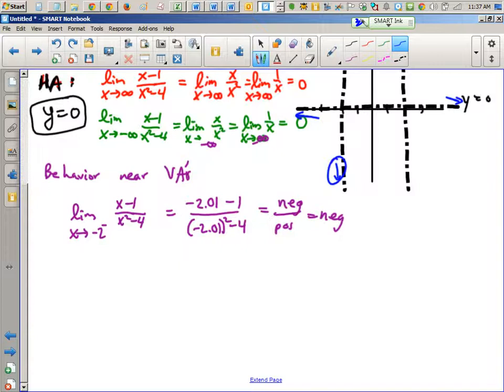Let's go to the other side of that same asymptote. So we're still at x is near negative 2, but now we're on the right side of it. So we put a little plus superscript, and we play the same game. This time I need a number slightly greater than negative 2. So I'm going to use negative 1.99.